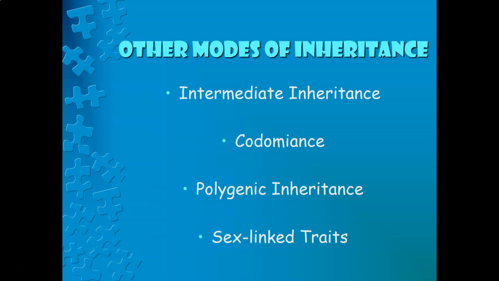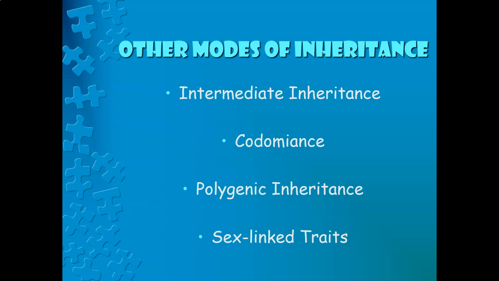But here's the reality. A lot of characteristics in organisms aren't inherited that way. In fact, Mendel was incredibly lucky or maybe just smart in the traits that he happened to choose in studying those pea plants in the first place to be able to understand the inheritance patterns that he discovered.